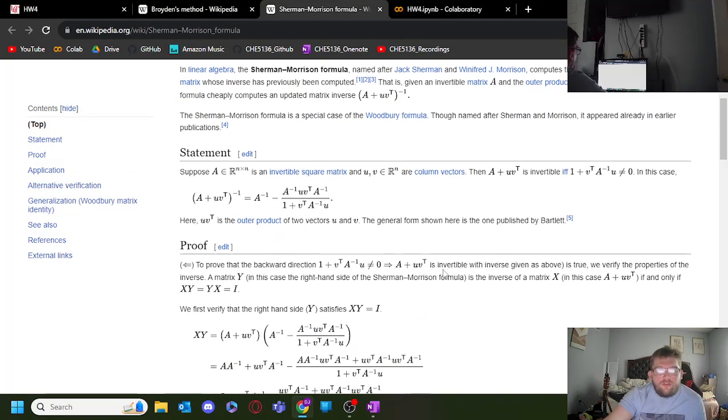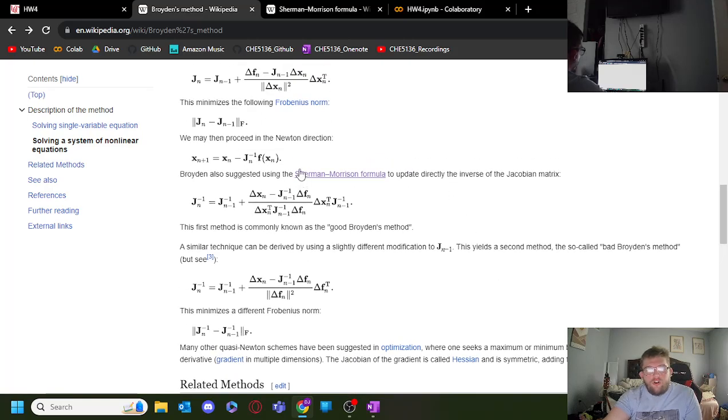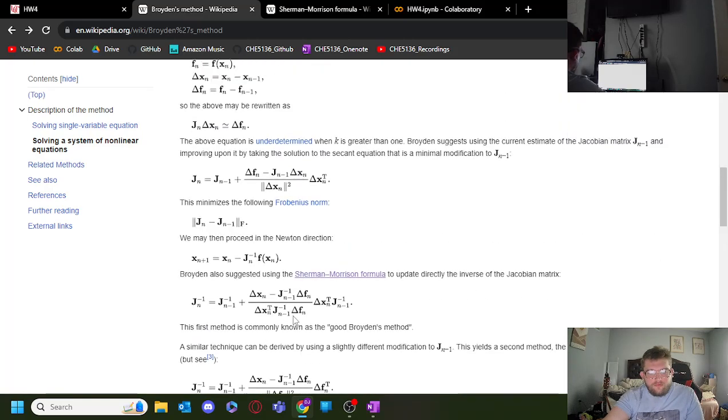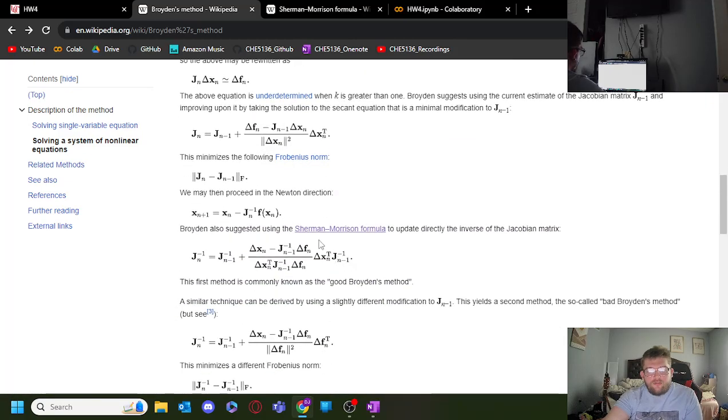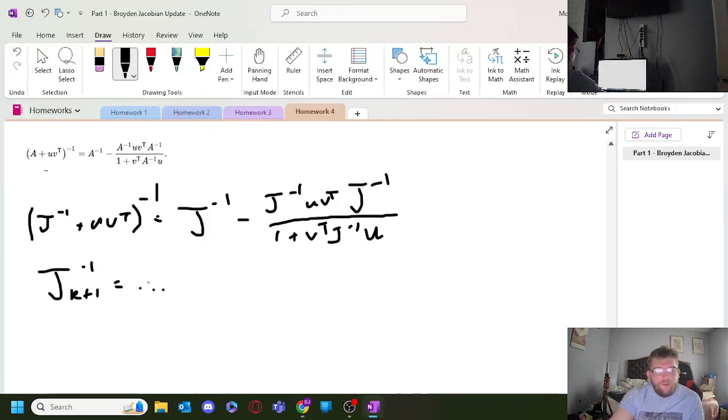So we go back to Broyden's and look at our equations here. What we have to do is figure out what our U and V vectors are.